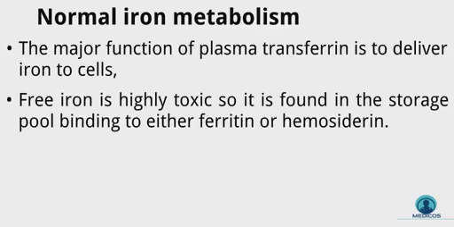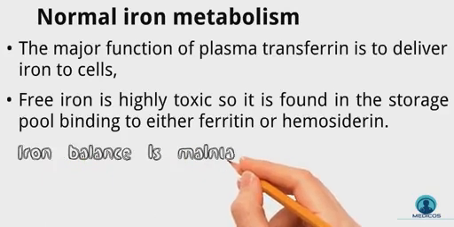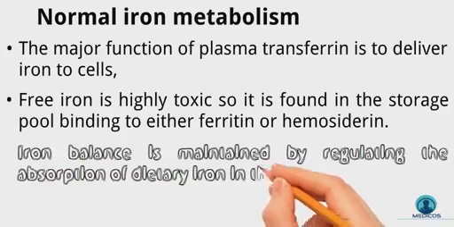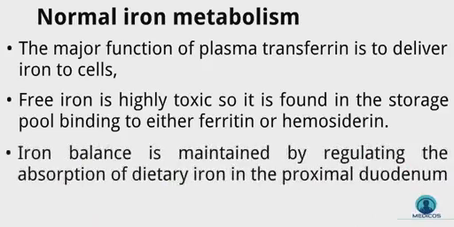This is achieved by binding of iron in the storage pool to either ferritin or hemosiderin. Iron is both essential for cellular metabolism and highly toxic in excess, and total body iron stores must therefore be regulated meticulously. Iron balance is maintained by regulating the absorption of dietary iron in the proximal duodenum.